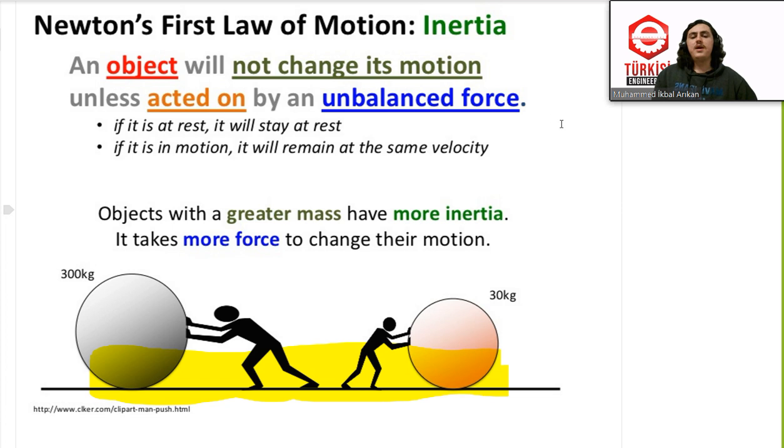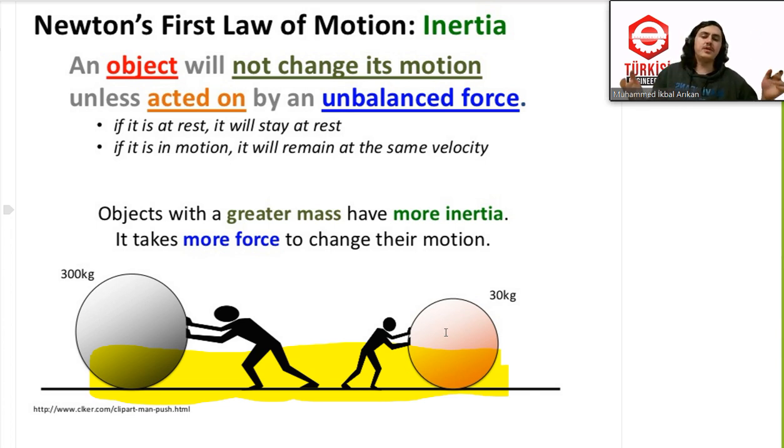So this one. Actually, when you have two objects, one of them with less mass and the other with more mass, what do you think? Will it be easier to move the massive object, or to move this object? Actually, more mass will give you more inertia.